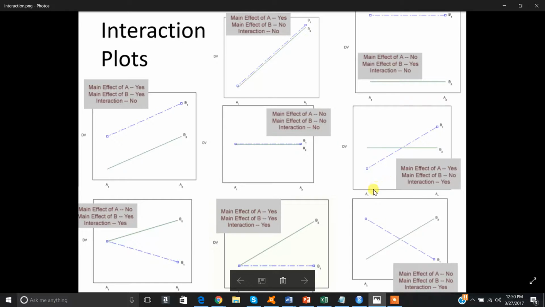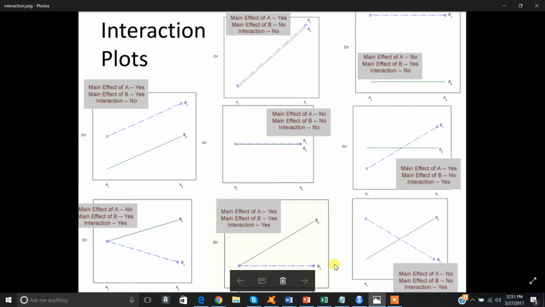When we look at A, we can see that there is a disparity in the means. When you have B on this line, the mean is down here, whereas the mean for B at A here is different. So there's a main effect of A, but there is no effect of B, because B doesn't change.